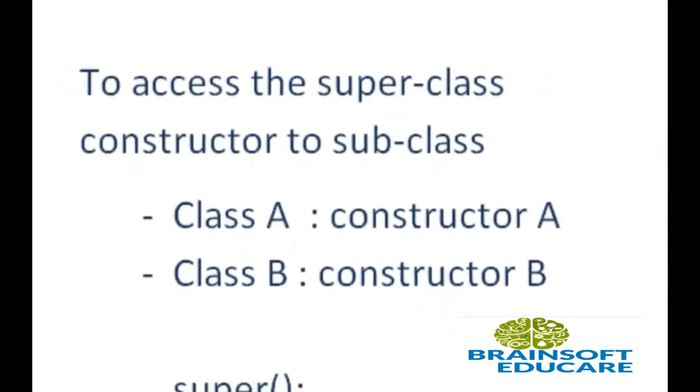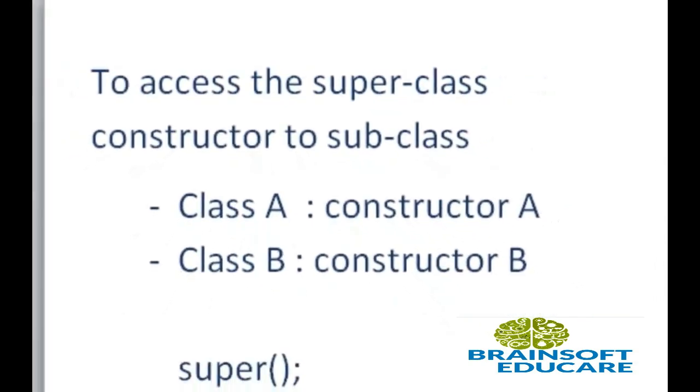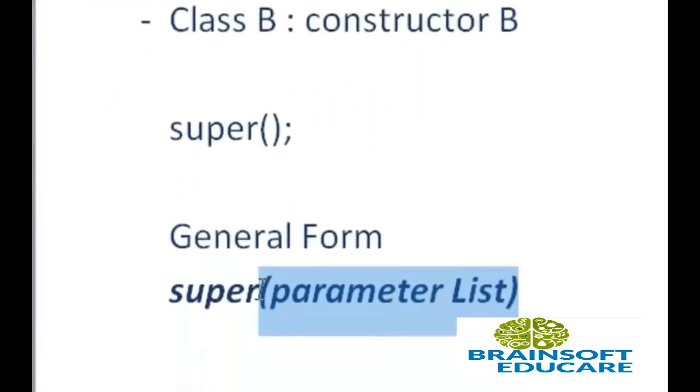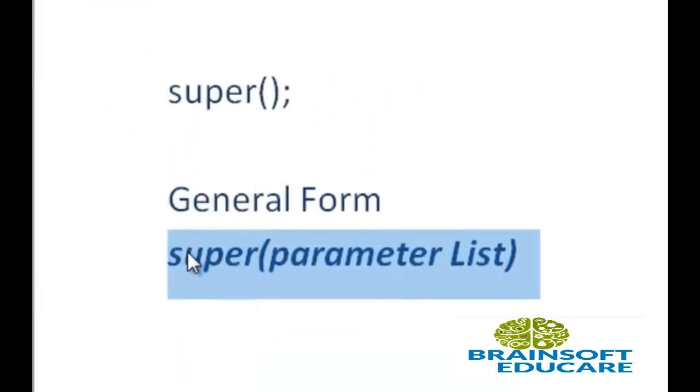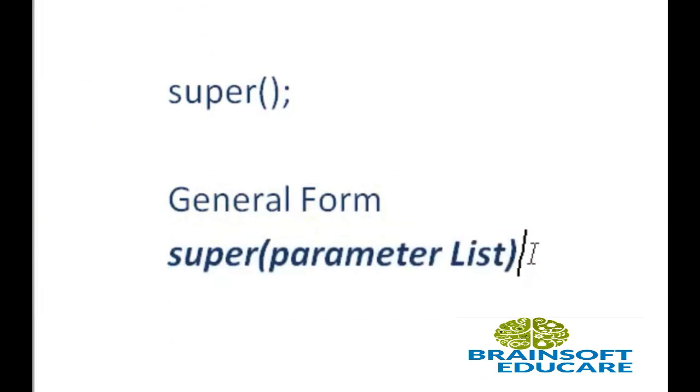Now to access the superclass constructor from the subclass, class A has constructor A, class B has constructor B. The general form to access the constructor of the superclass is that we just need to write super. If there is a parameter, then you should write super, parameter list, semicolon.